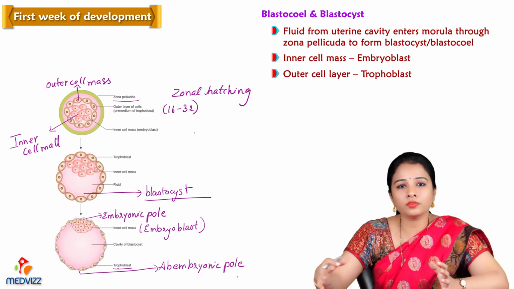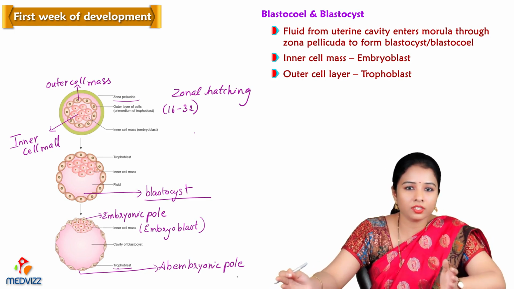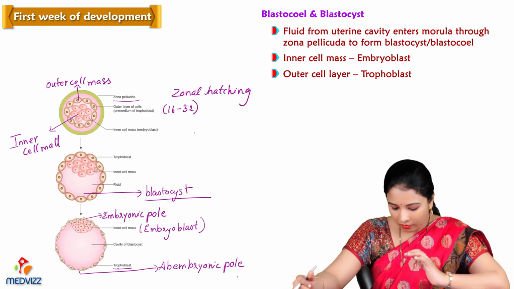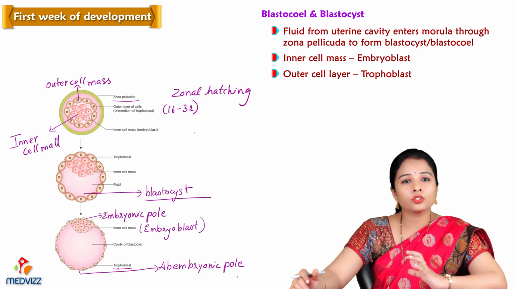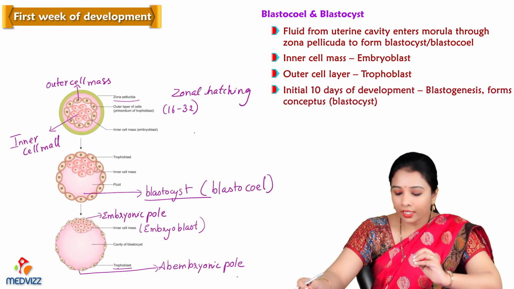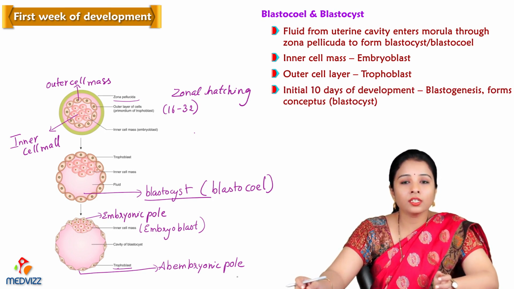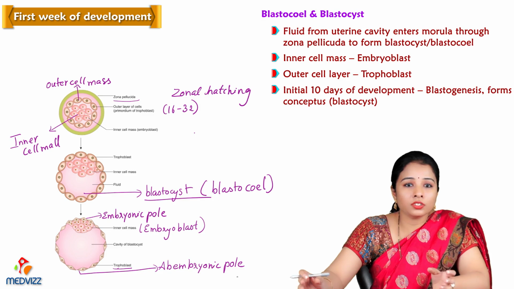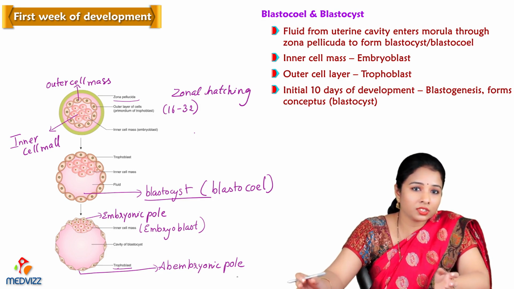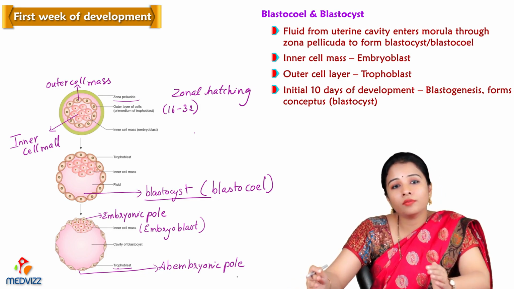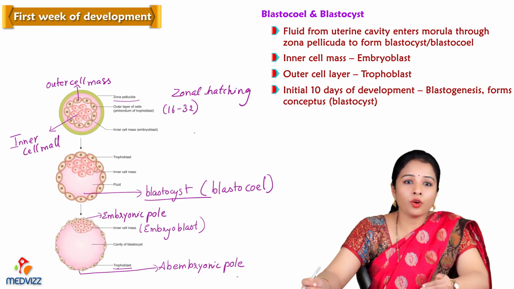So the outer cell mass further differentiates into cyto and syncytiotrophoblast. So we can now simply say it as trophoblast. And the initial 10 days of development are known as blastogenesis, which forms the conceptus, that is, the blastocyst is formed. The conceptus will further differentiate to form embryo.